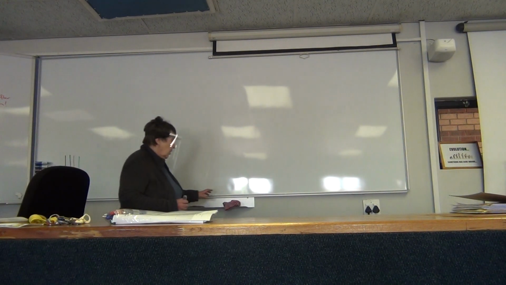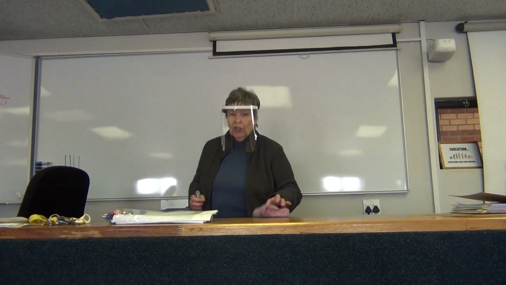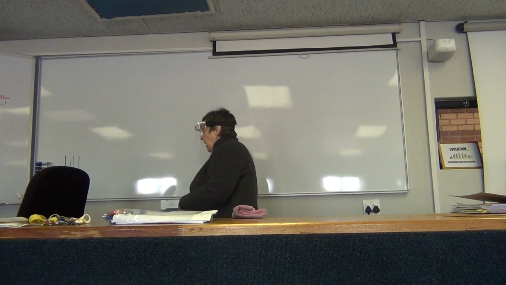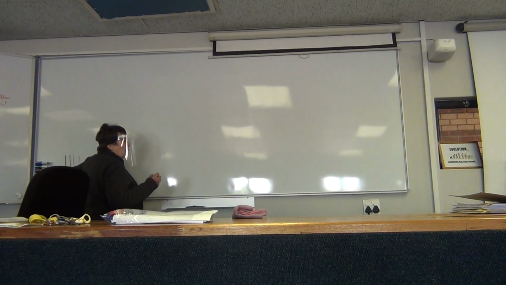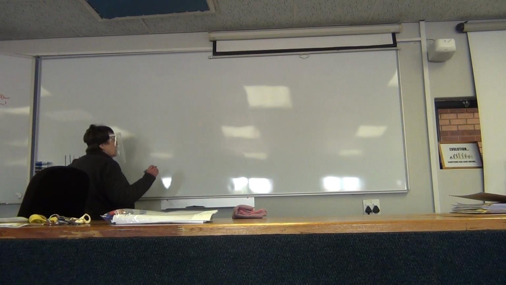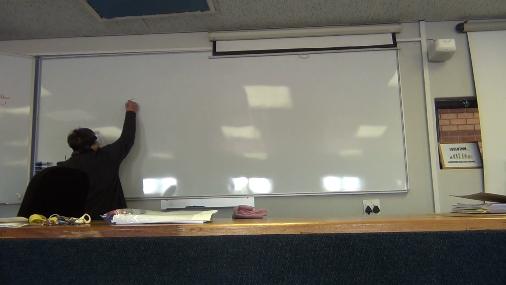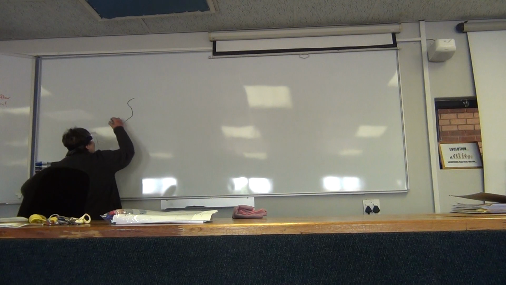Right, so this is a re-record of some of the concepts that I did on Tuesday, during Tuesday's lesson, just to make sure that you've got all the definitions and all the concepts correct. Okay, so remember that under normal circumstances, chromosomes are single-stranded.